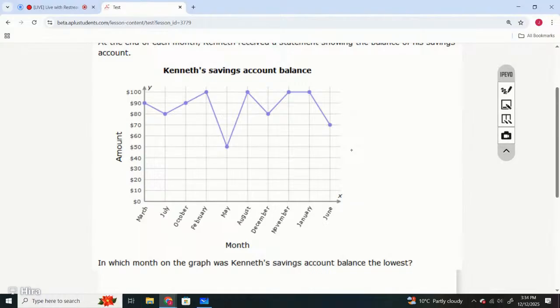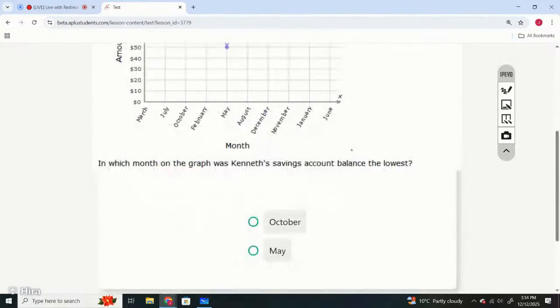The lowest value is $50, right? And that was in May. So in May, he had the lowest balance.